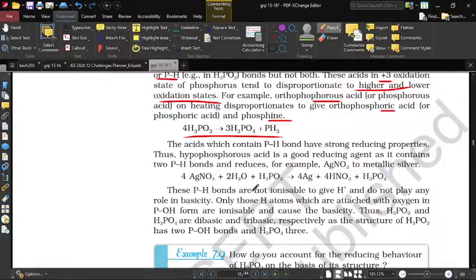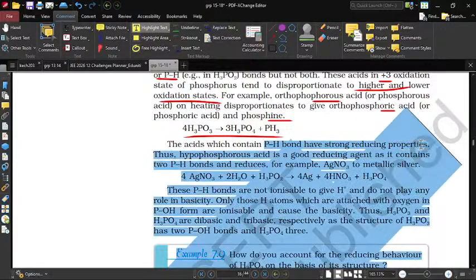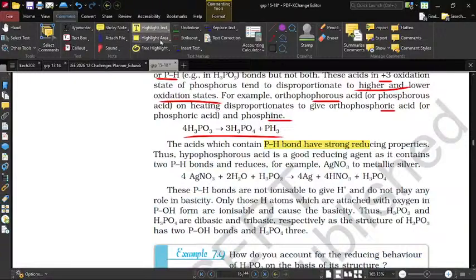These acids which contain P-H bond have strong reducing properties. Thus hypophosphorus acid is a good reducing agent as it contains 2 P-H and reduces, for example, AgNO3 to metallic silver.